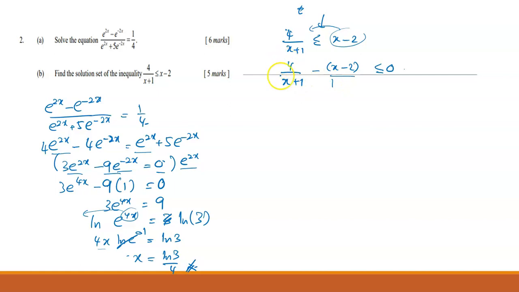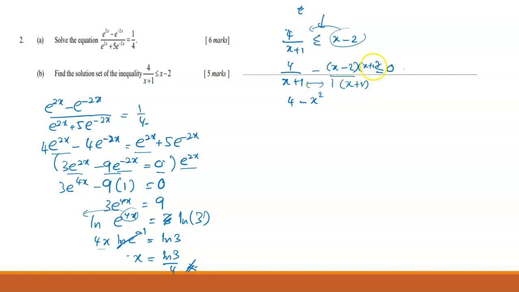Because this is a fraction, 4 divided by x plus 1, we are going to equalize the denominator by multiplying this with x plus 1, also x plus 1. So 4 minus x times x is negative x squared.